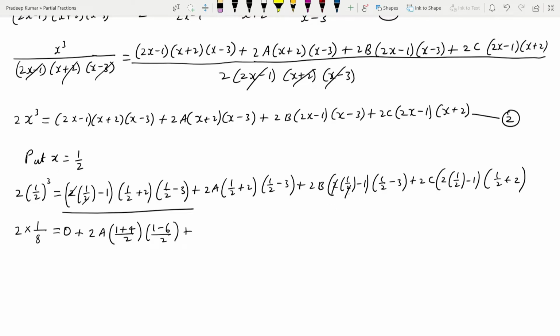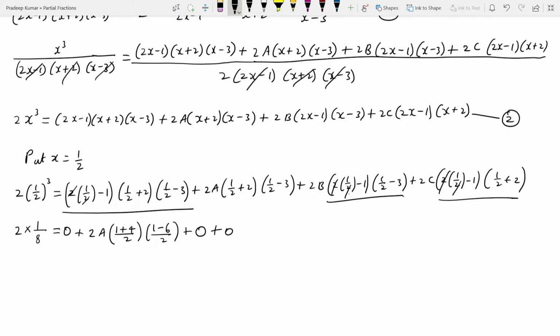If this becomes 0, these were multiplied with that, so this whole part is 0. Here also the 2 can cancel, and we remain with 1 minus 1, which is 0. Since this is multiplied with these both, this also becomes 0, right?